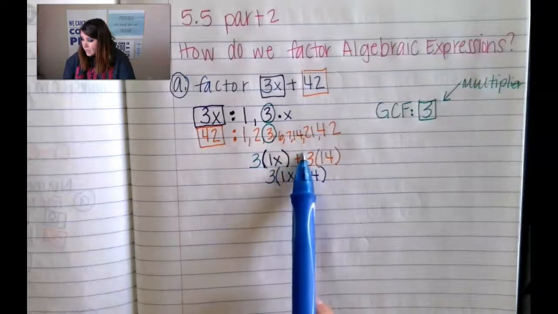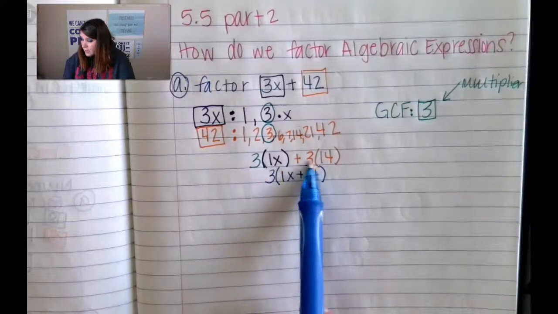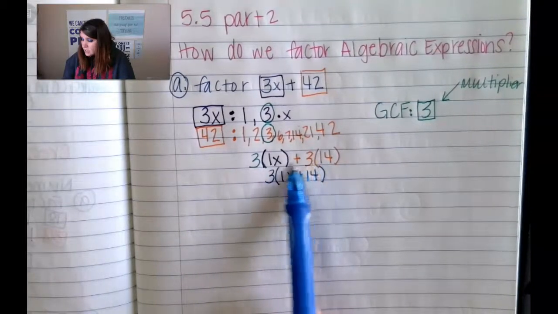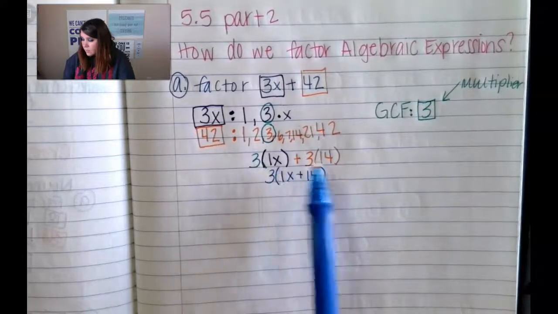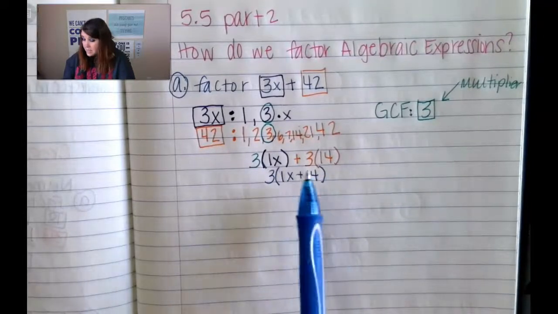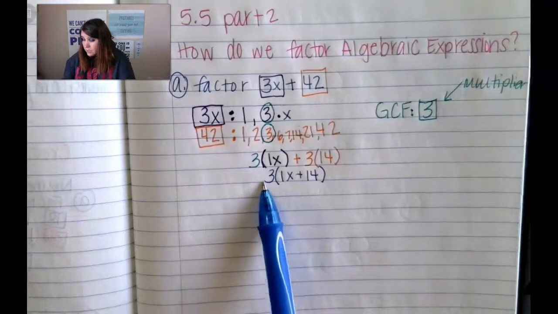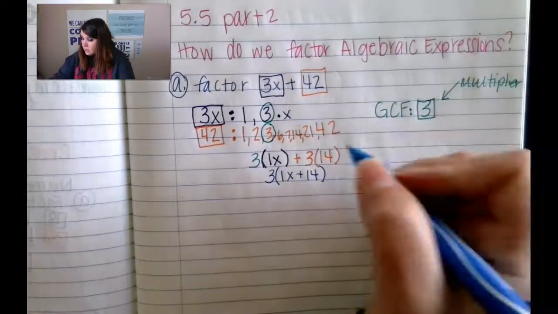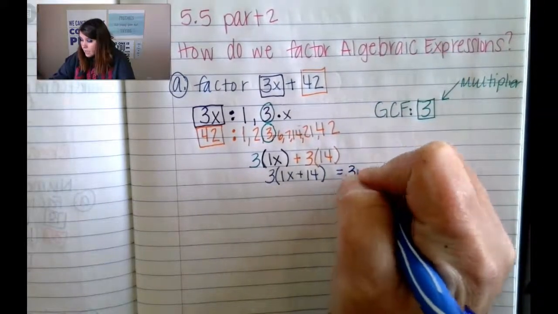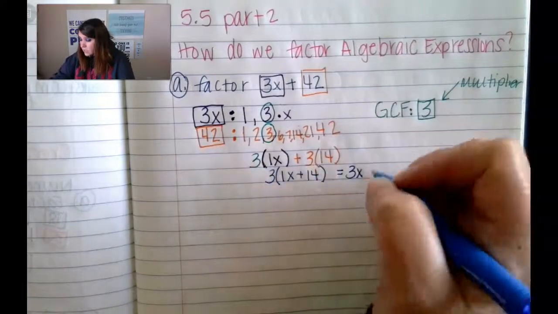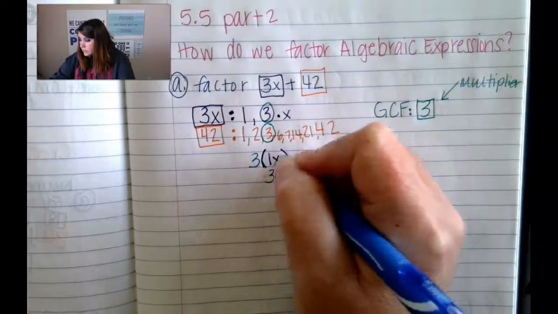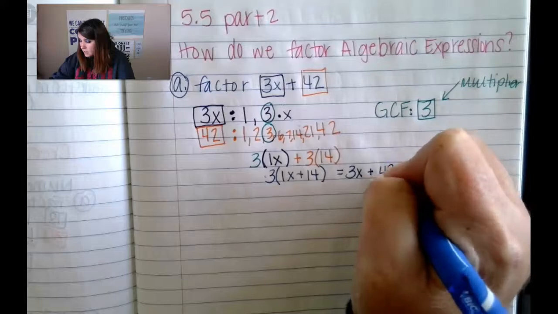Again, I've just cut out this middle part, just like yesterday, squishing together the parentheses, the 1x and the 14. This gives me 3 times 1x, which equals 3x, and 3 times 14, which equals 42.